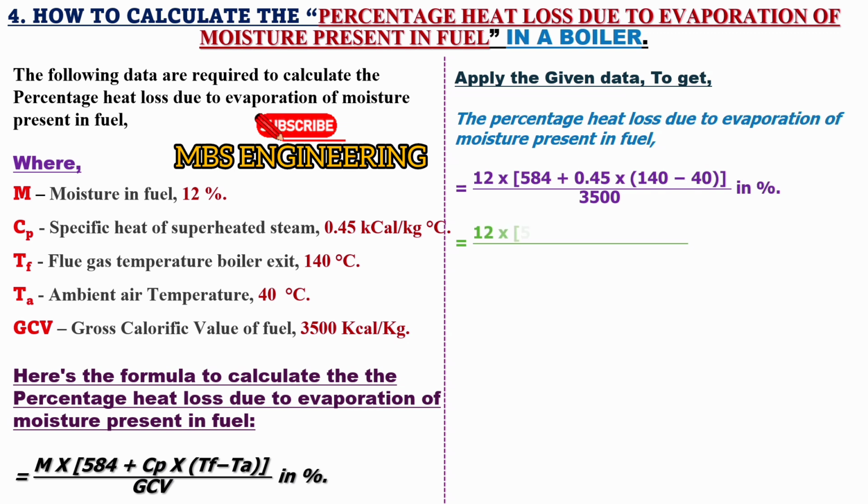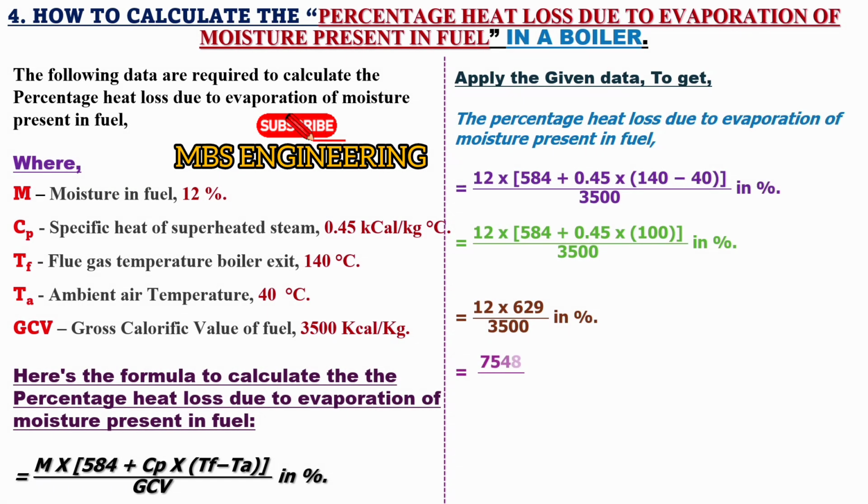Next, 12 multiplied by (584 plus 0.45) into 100, divided by 3500. Further simplified, 12 into 629, and then the obtained value is divided by 3500.